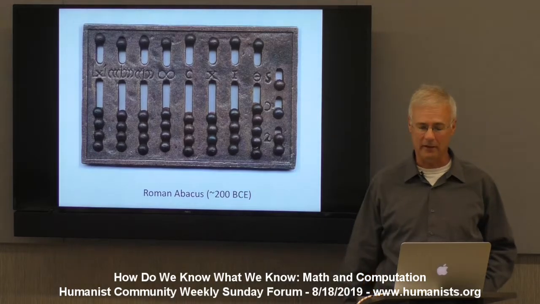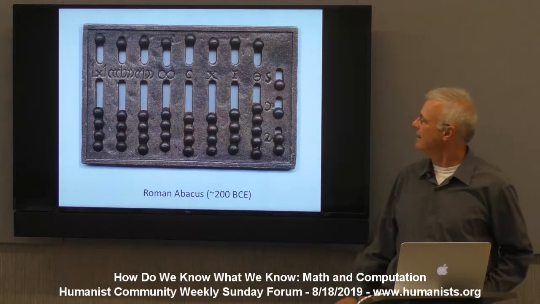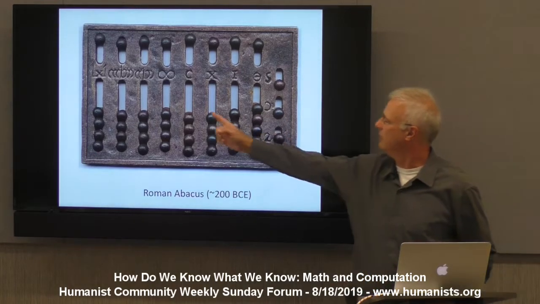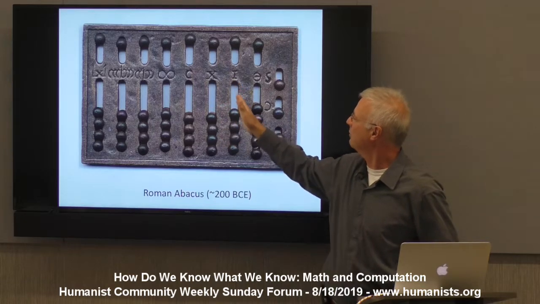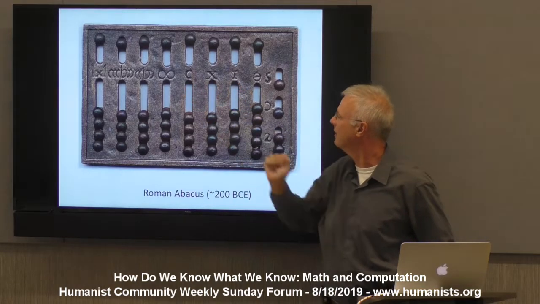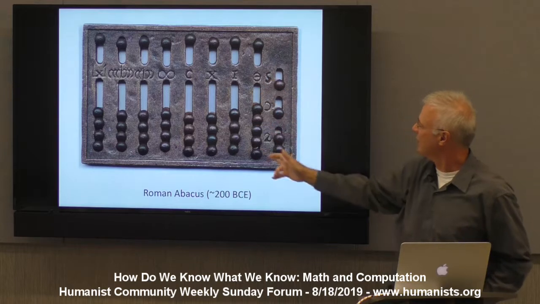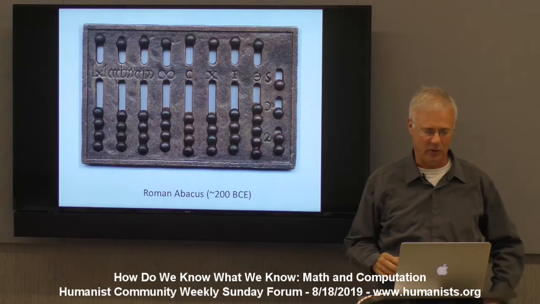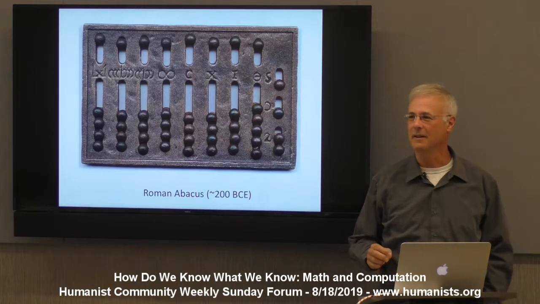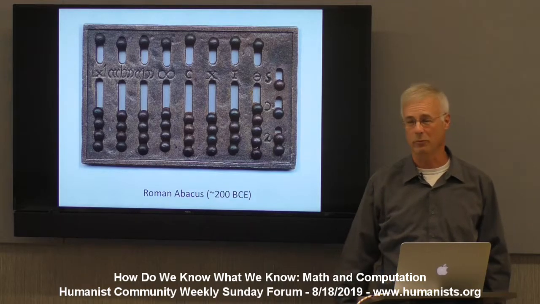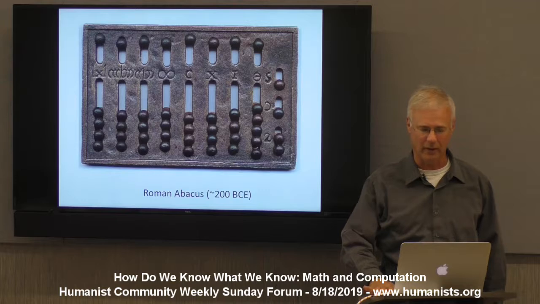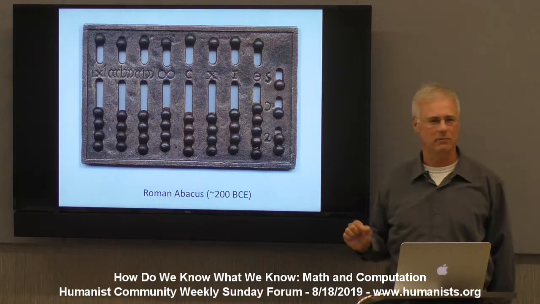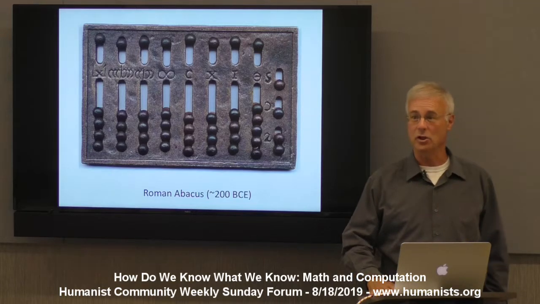This is a Roman abacus. And it's interesting because it's actually using a place system. So here's the units place, the tens place, the hundreds place. And there's this little piece over here that they used for calculating with fractions. So they're starting to invent fractions, which again at the time with Roman numerals, those are really difficult to work with. So this is sort of one of the world's first digital computers.